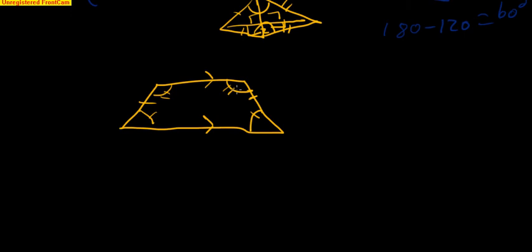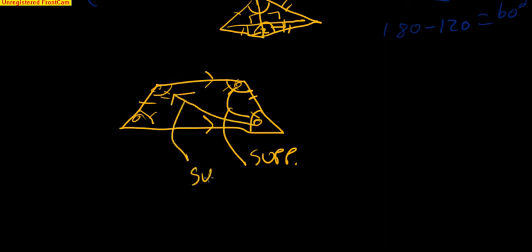So you know that this angle here is congruent to this angle here. And you know that these are supplementary, which means they add up to 180 degrees, and these are supplementary. In addition, you know that the diagonals are congruent in an isosceles trapezoid.